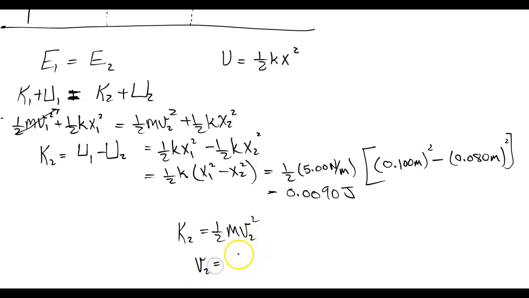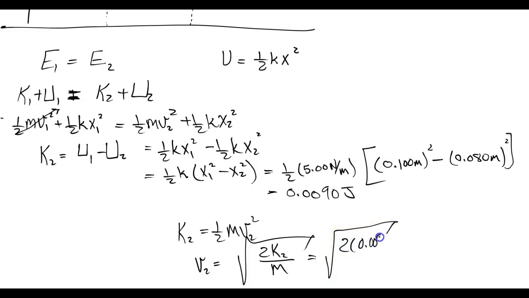So v at that point is going to be the square root of 2K2 over m, which is the square root of 2 times 0.009 joules over the mass, which is 0.2 kilograms, and that gives us a speed of plus or minus, remember, 0.3 meters per second.